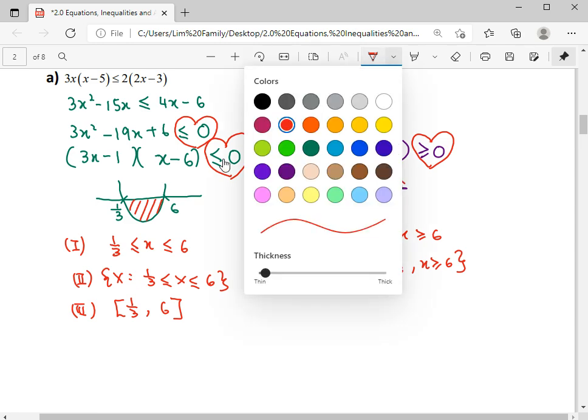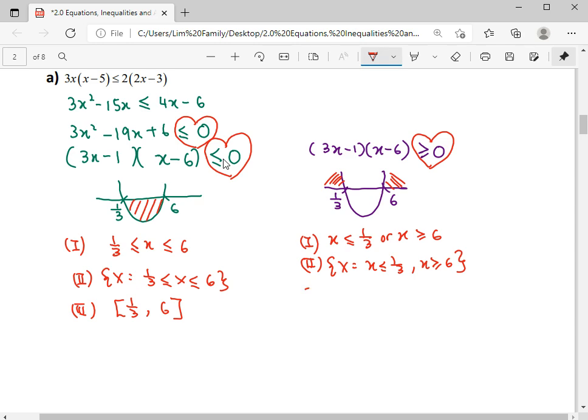So for interval form, the writing way will be different, because there are two regions in our answer. For this region, start from negative infinity until 1/3, close bracket. So this is one part of the answer. Then you will say union. Another part will be 6 to infinity. So only in interval form do you use the symbol union. In interval form, if you write or, it is wrong.